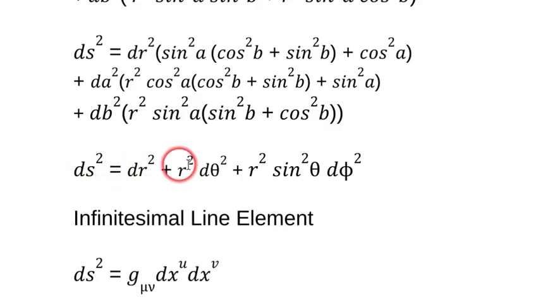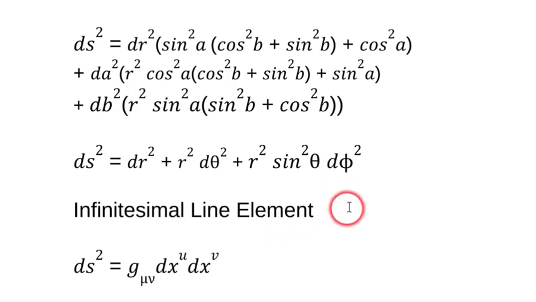Because that's exactly what this is. So this is g_rr, which is 1 times dr squared. This is g theta theta, which is r squared d theta squared. And g phi phi is r squared sine squared theta, times d phi squared. So that's exactly what that is.